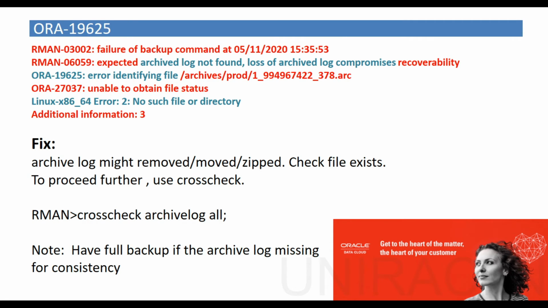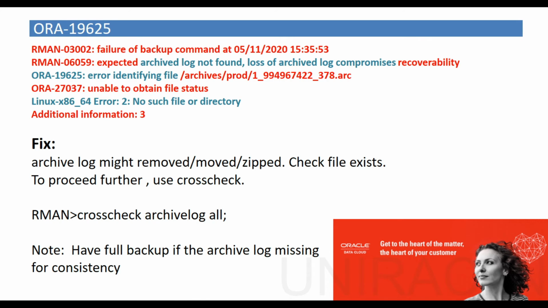In this case, we can't go with temporary solutions, just doing a crosscheck to ensure the backup. Crosscheck is one of the commands that validates whether the archlogs exist physically or not.